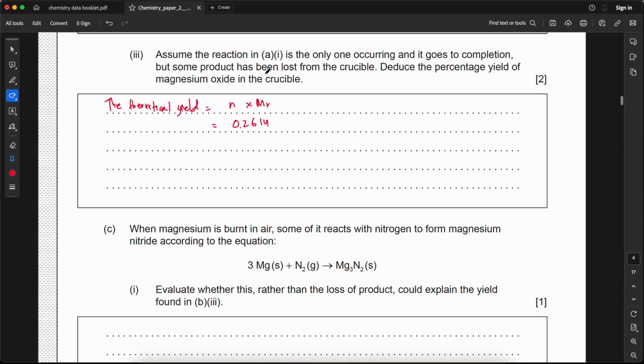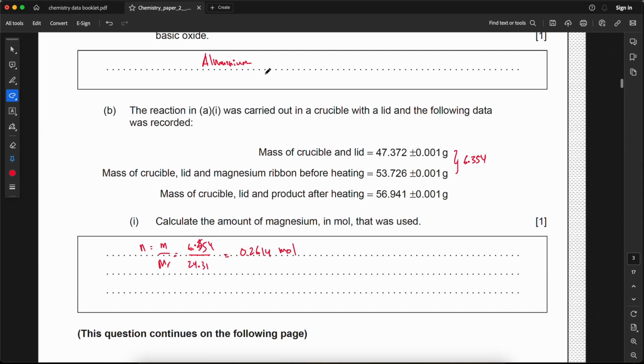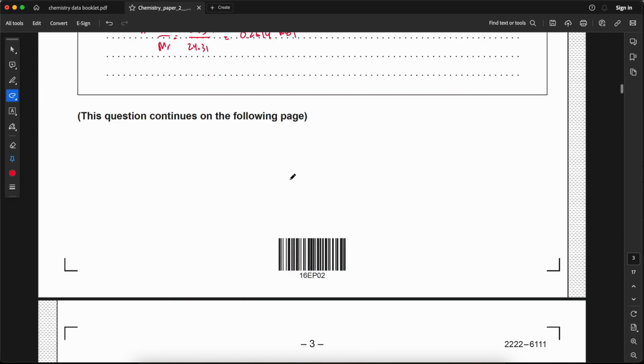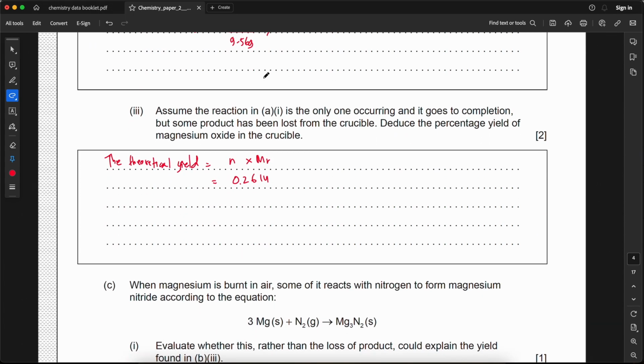So n times Mr, that would be 0.2614. As you can see here, magnesium and magnesium oxide have the same coefficient. So if you find the mole of magnesium, you will also have the same mole of magnesium oxide. Times the molar mass of magnesium oxide, which is 40.31, you get 10.536 gram. So this will be the theoretical yield.